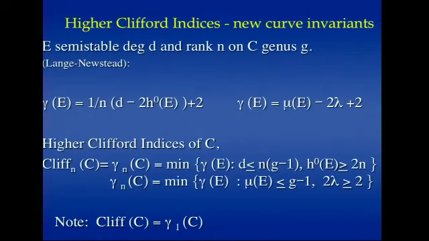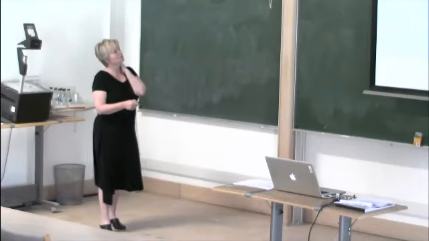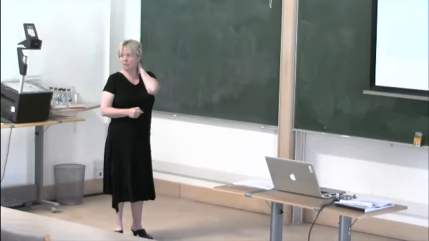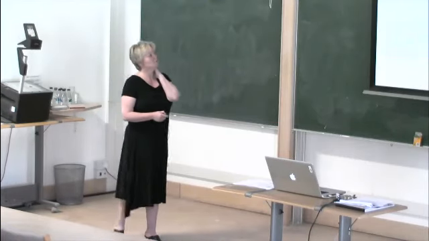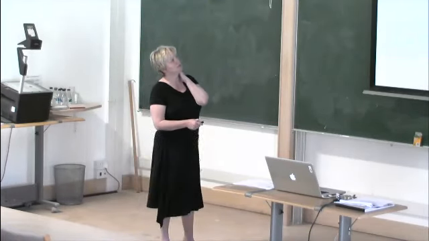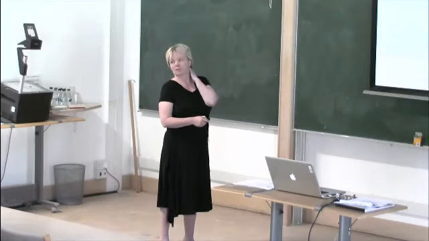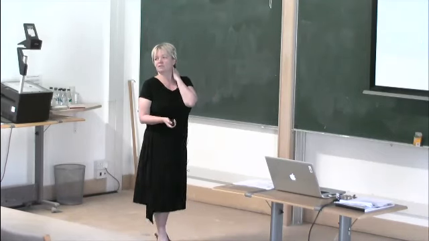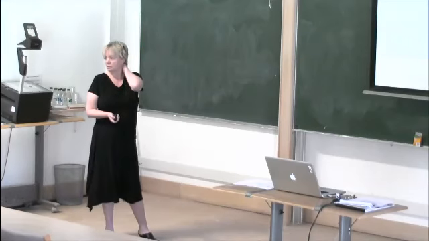You're taking this part, coming from the old Clifford bound, but dividing it by n. Again, what's nice about it is that you can formulate this condition using mu and lambda. So it is again independent of the rank.